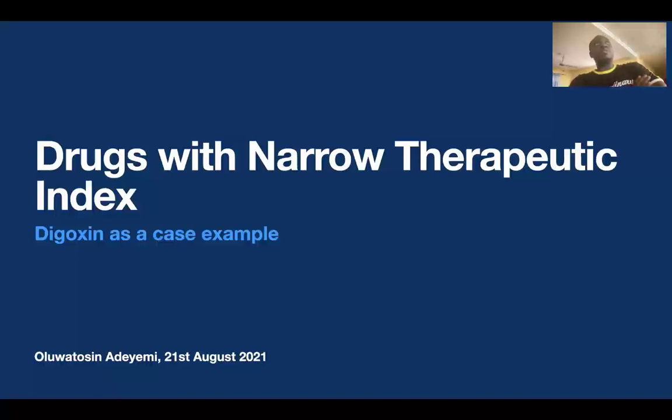You see, one of the reasons why we classify some drugs as narrow therapeutic index is that we treat them very differently from how we treat, for example, over-the-counter medicines and other prescription medicines.